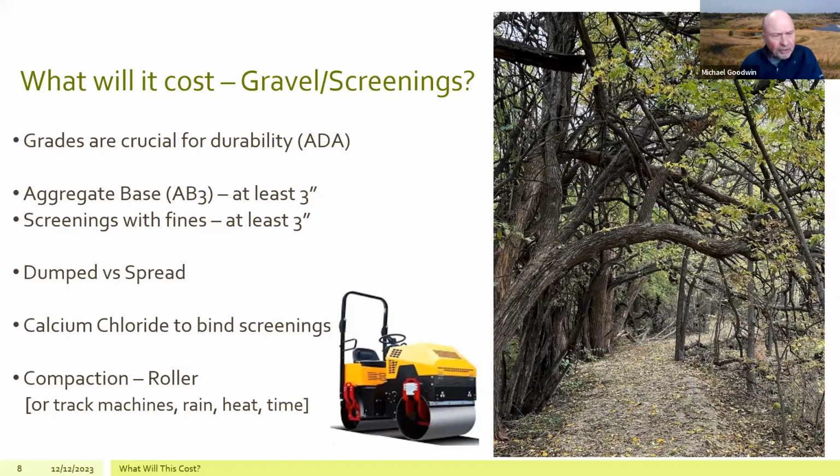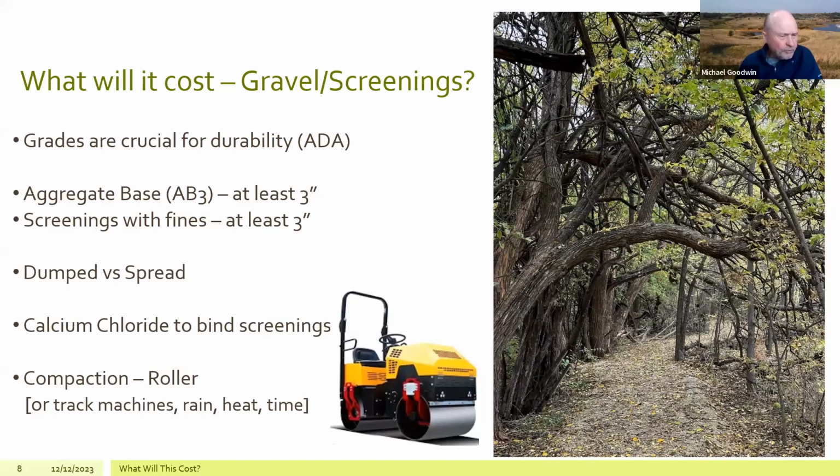Another cost component might be spraying the finished screenings with calcium chloride to help that set up and help it harden. And so you'd have to factor in the cost of doing that. And then finally, on gravel trails, it's really important to pack in the gravel and the screenings. Probably the best way to do this is with a roller machine, and you can rent these locally in most towns.